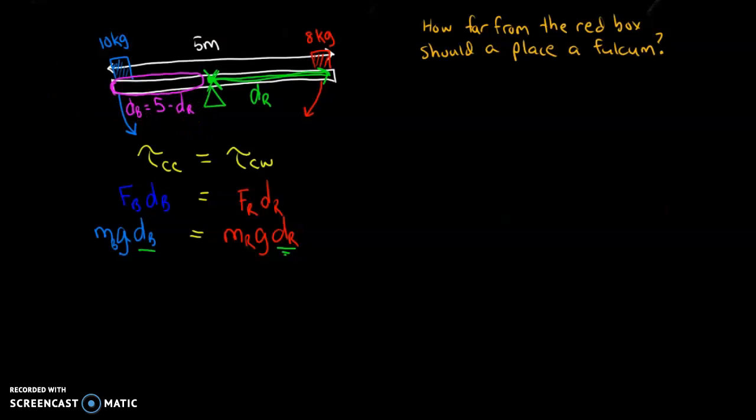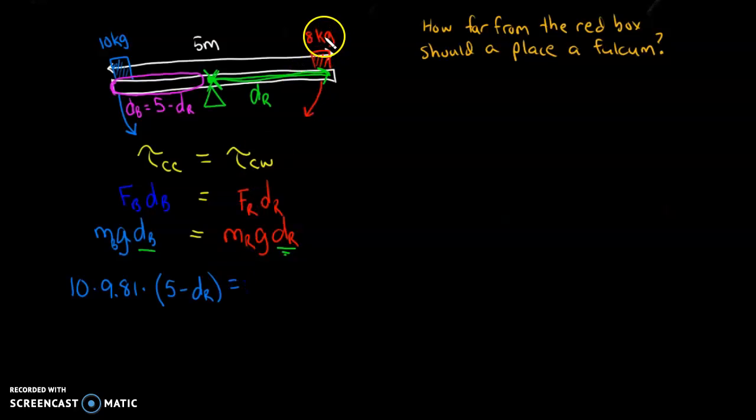So let me plug my numbers in here. The mass of the blue box is 10 kilograms times my value for the acceleration due to gravity, 9.81, times the distance of the blue box. I'm going to use this, 5 minus the distance of the red box.